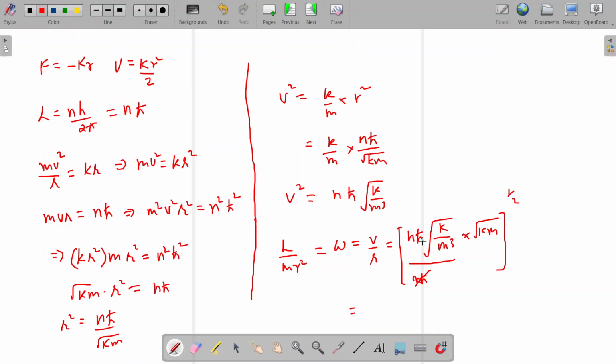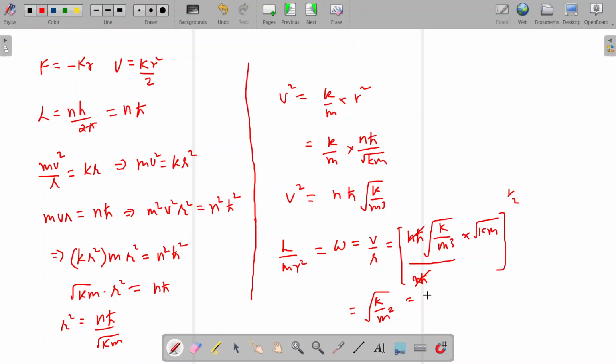So this n h prime gets cancelled. This is k upon m square, and we have to take a square root of this.